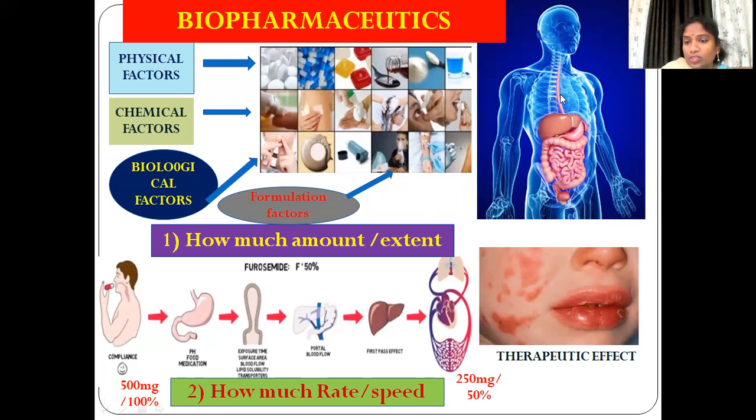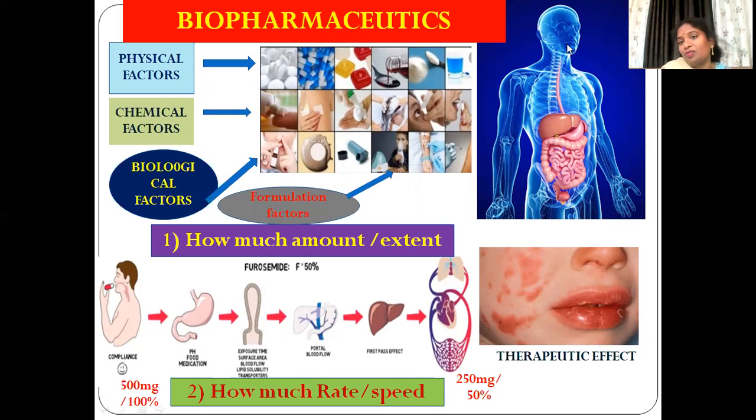It goes through the mouth, esophagus, stomach, and small intestine, then through the portal vein to the liver, and through the liver the drug reaches the systemic circulation, that is the blood circulation. So the availability of the drug after administration, that we call absorption.